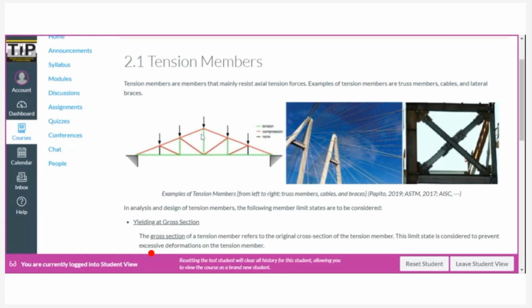So meaning some truss members are examples of tension members. Same thing with the cables. So for example, we see them in bridges or in towers as well. So these cables support structures in tension only. So in compression, it has no resistance, but in tension, it has strength.